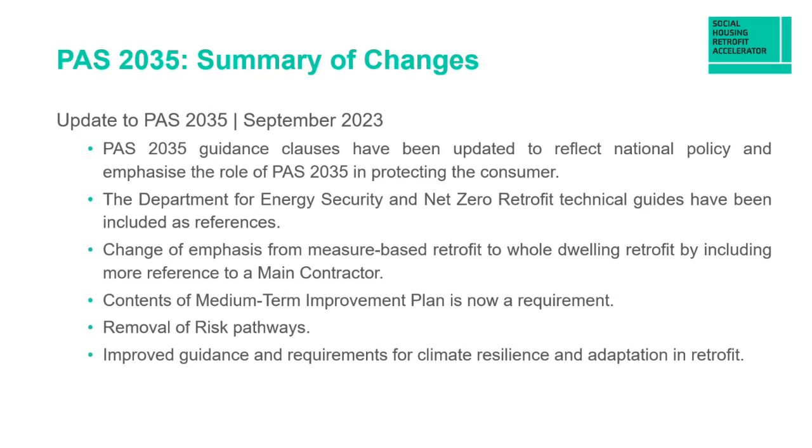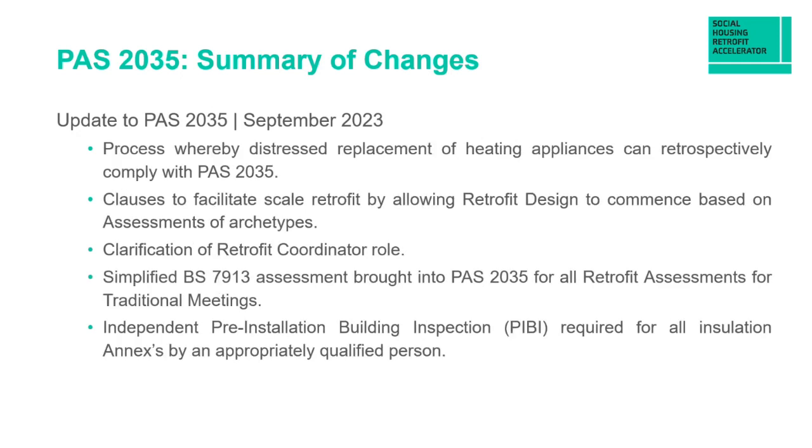So before they were guidance, but it's now mandated as a requirement. And there's been a removal of the risk pathways to make the assessment of properties for retrofit much simpler. And the new guidance also provides some more detail and requirements for climate resilience and adaptation in retrofit.